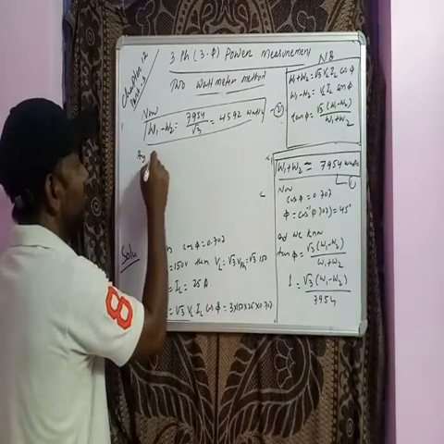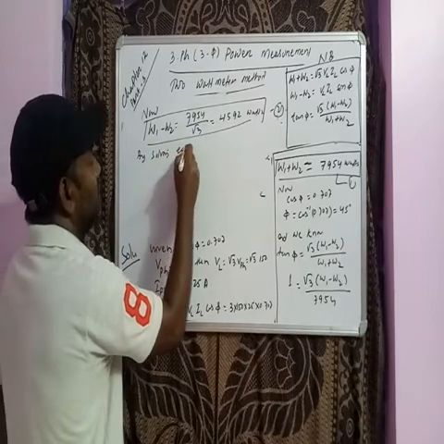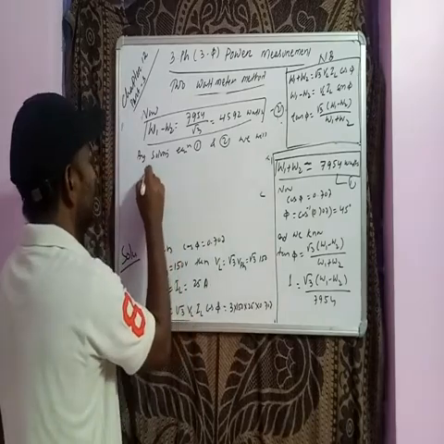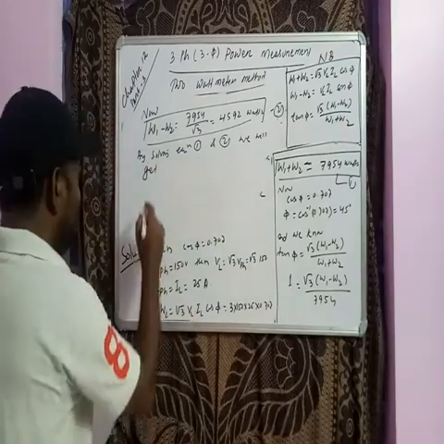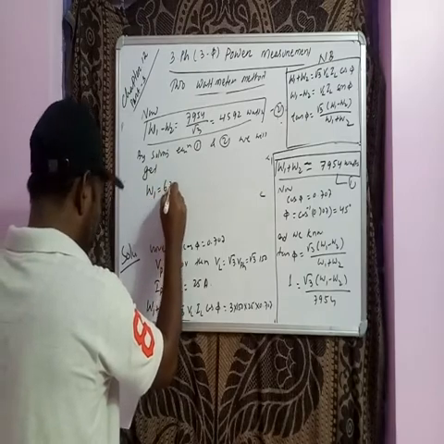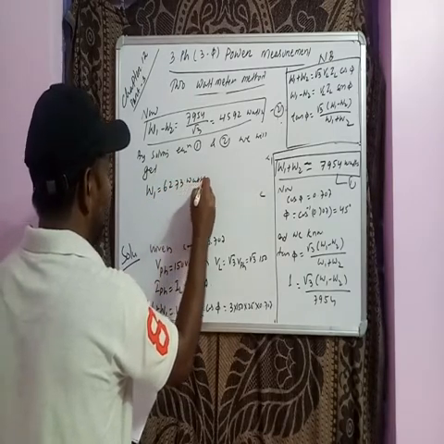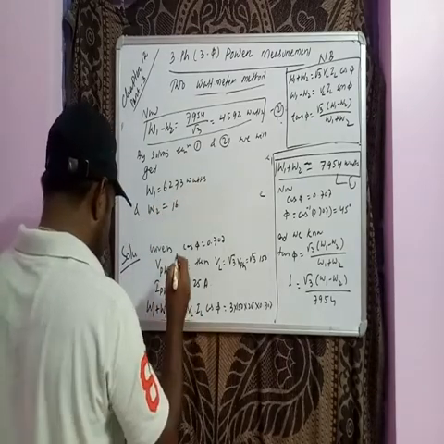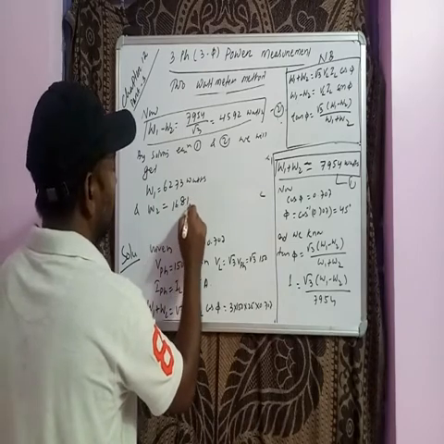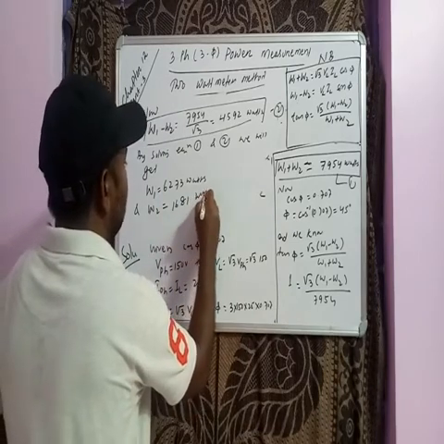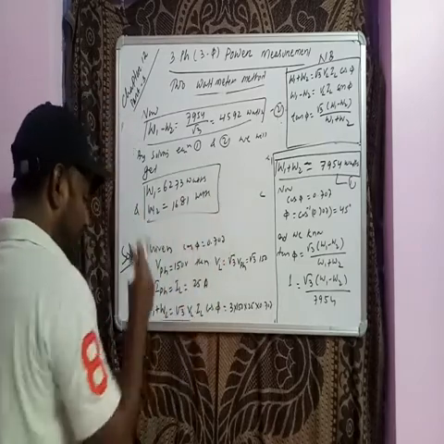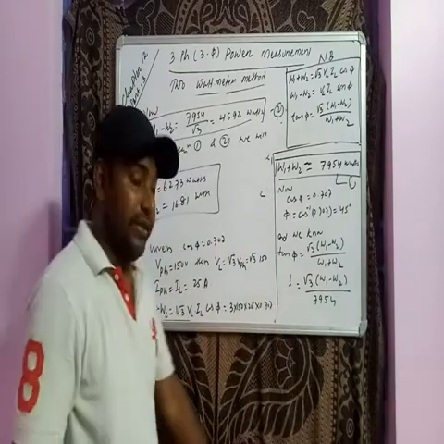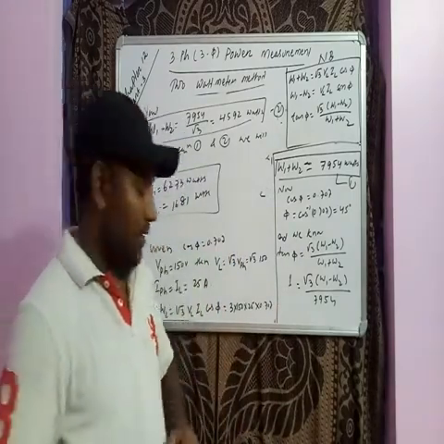So by solving equations 1 and 2, we will get W1 value, that is 6273 watts, and W2 becomes 1681 watt. So this is the answer. Getting this? So now this is the pattern of the question from the wattmeter part.